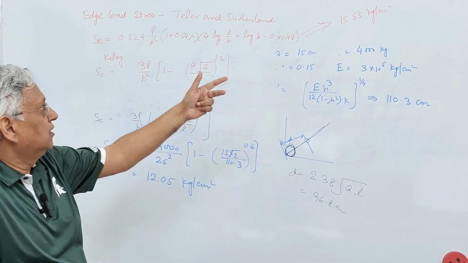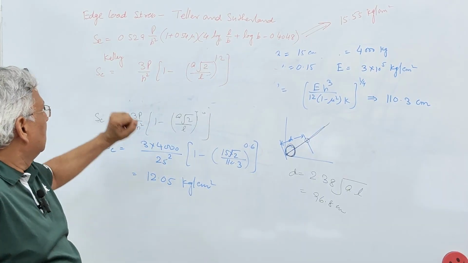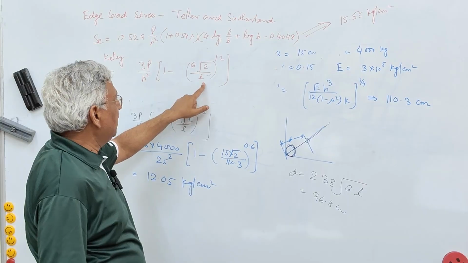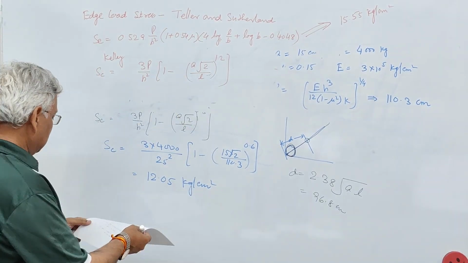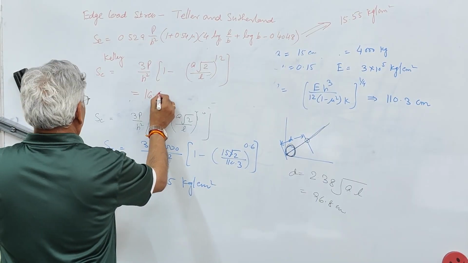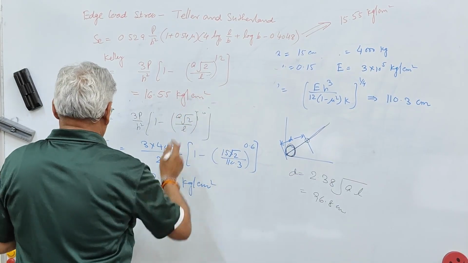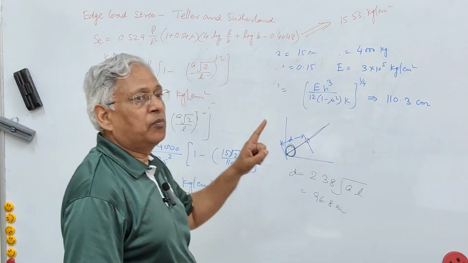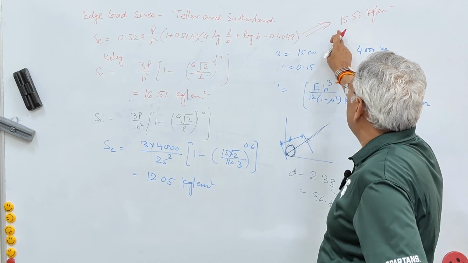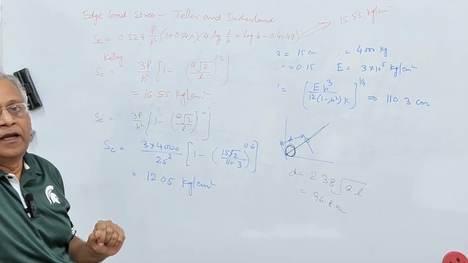So slight increase in the edge stress because of edge loading. But when you substitute value of P, H, A and L in this equation, this stress is now 16.55 kg per centimeter square. Earlier it was 12.05. So this is now more than the edge stress at the edge because of loading.